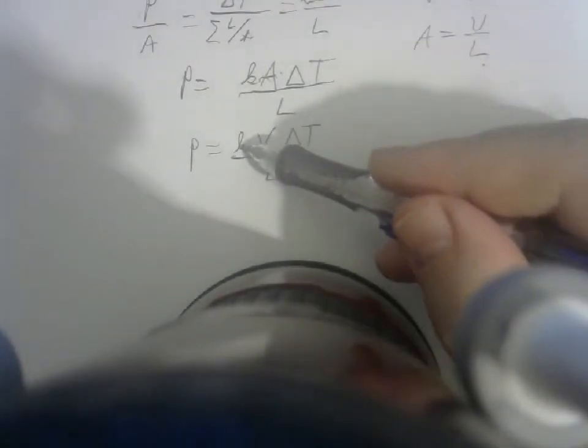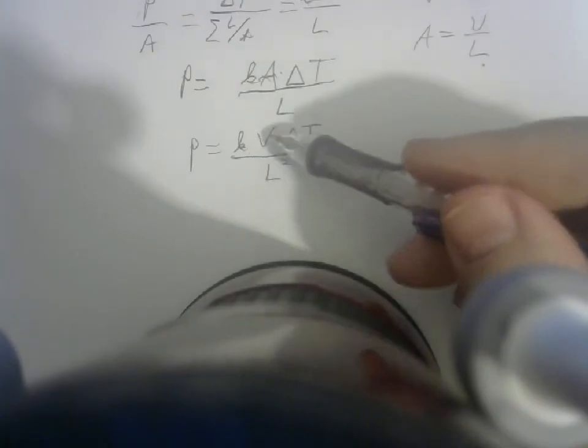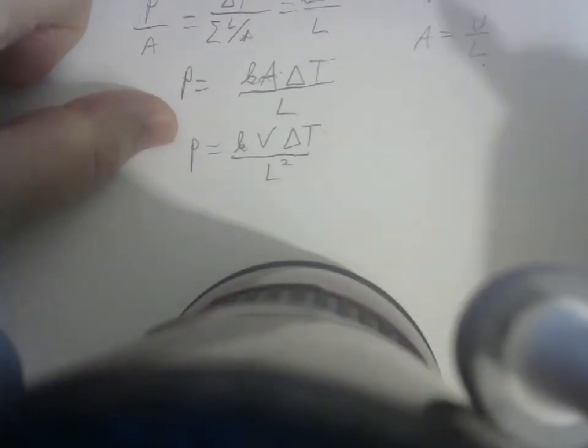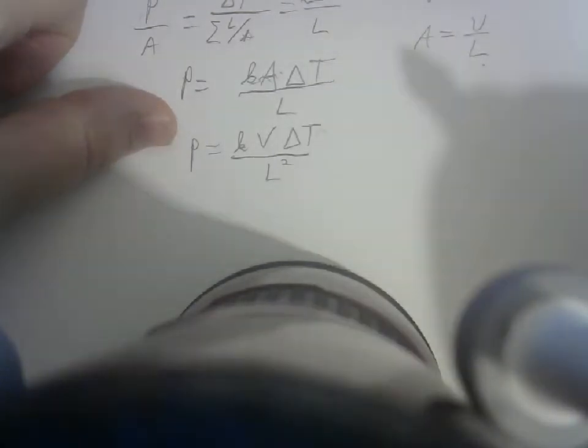So when we do that, we assume that the K, the conductivity of the material, and the volume stay the same, but the power that goes through it when the delta T stays the same is inversely proportional to the length squared.